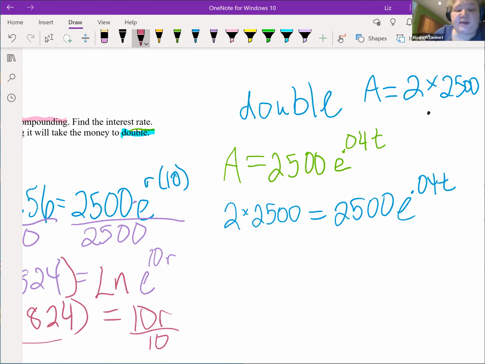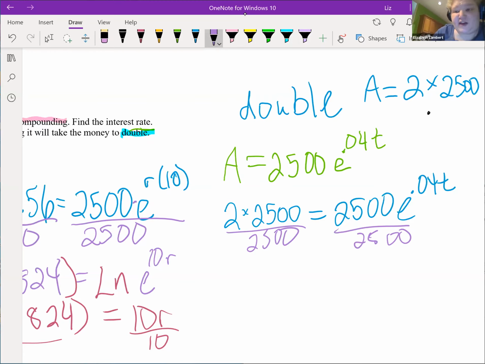So we are going to start with the same step, divide by the 2,500. And the 2,500s cancel out, and we're left with a 2.